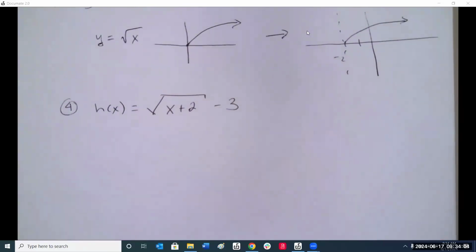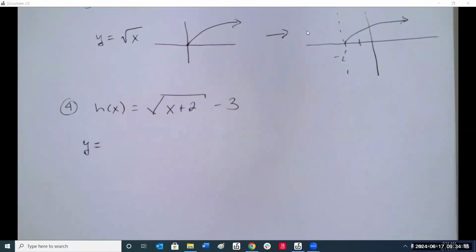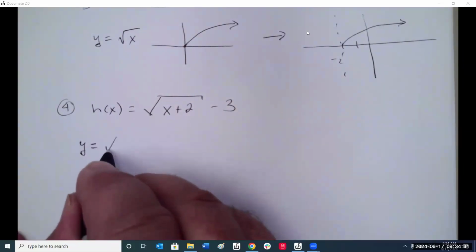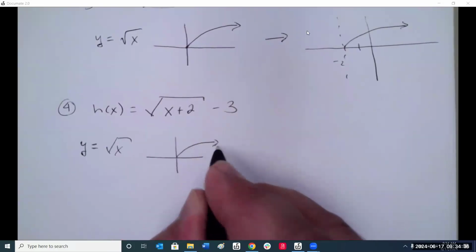How about that one? Unless it's a fraction, get rid of all the numbers. What's the original function? Yeah, square root of x. So this one looks like that.